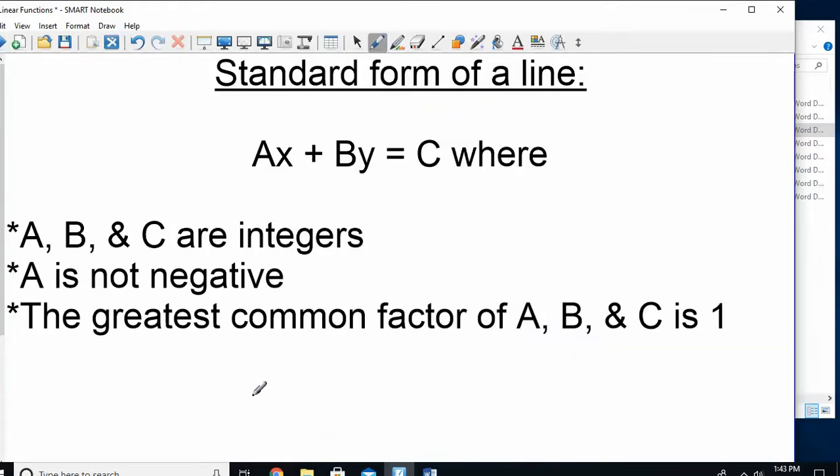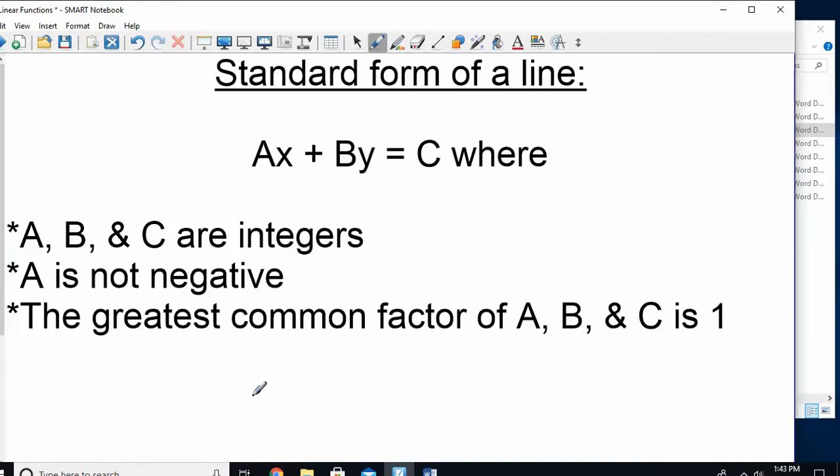We might see our lines in standard form. That's ax plus by equals c. In that, there are some stipulations. A, B, and C have to be integers. So that means no fractions, no decimals. A has to be a positive number. And their greatest common factor has to be a 1.